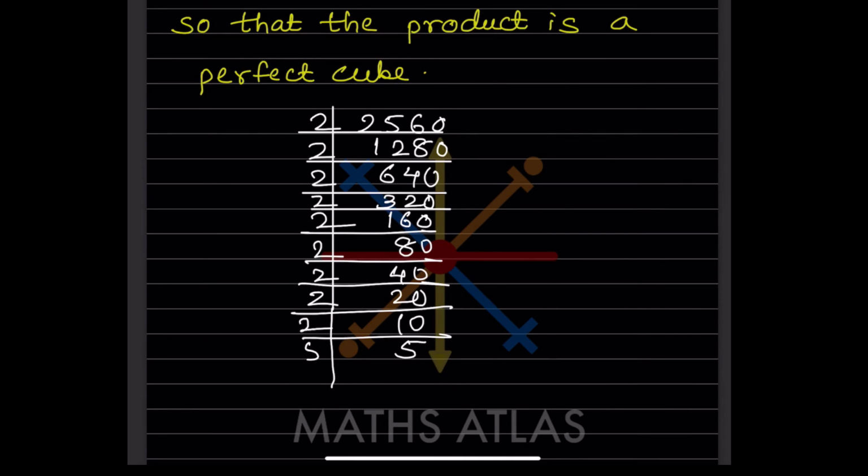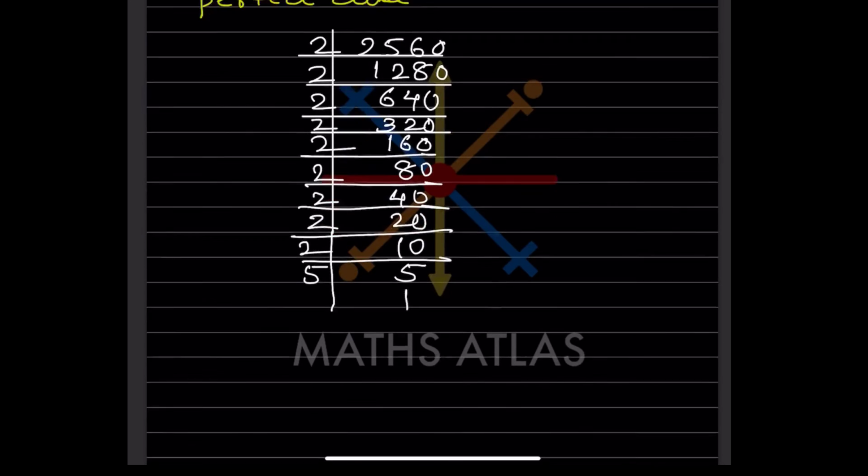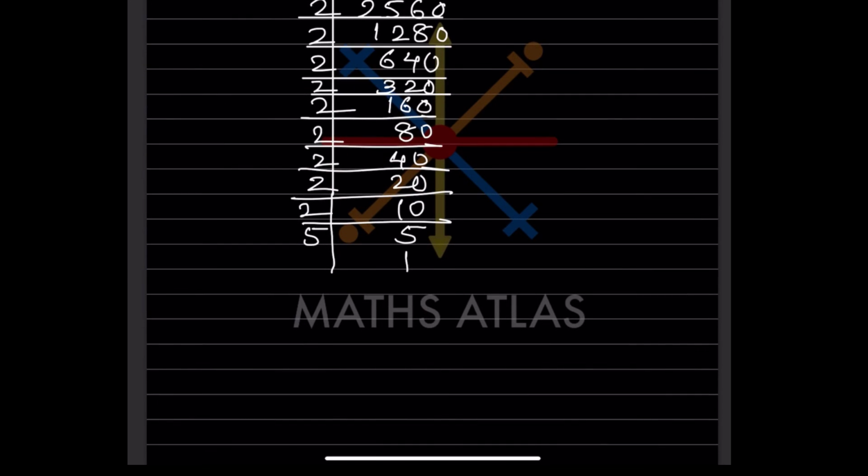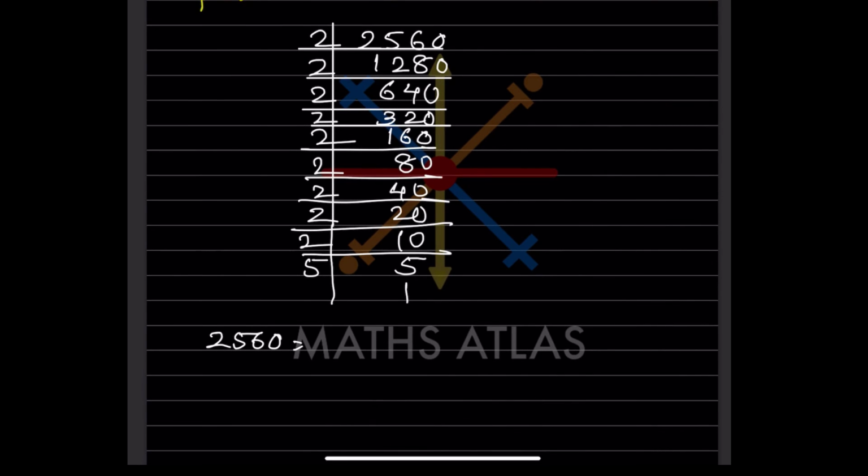And the last one is 5. So now first let me write directly over here, that will be easier. How many 2's do we have? 1, 2, 3, 4, 5, 6, 7, 8 and 9. We have 9. And 5 we have just 1.